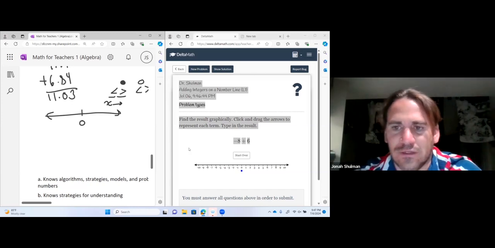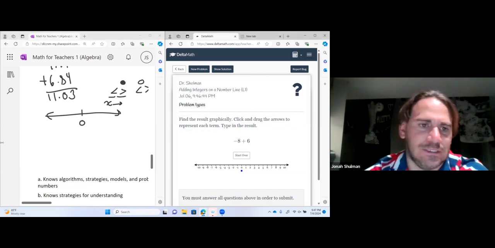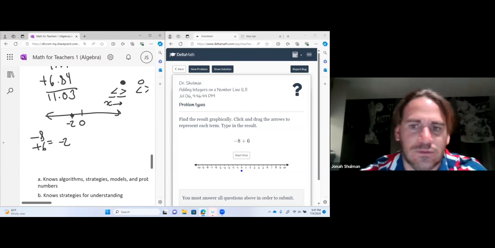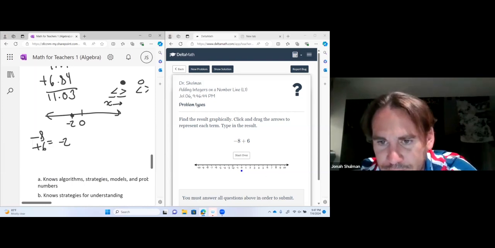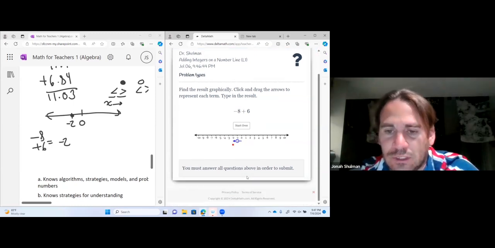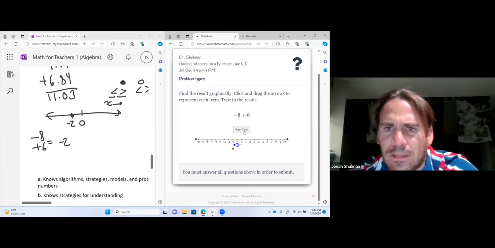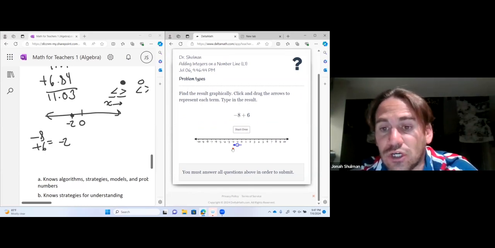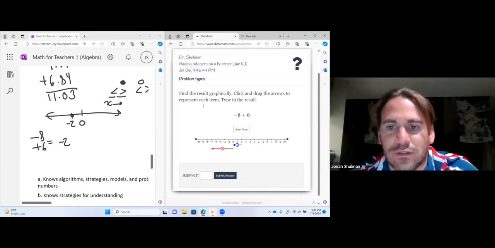Find the result graphically. So a -8 plus 6. So that's going to be a -2. And there it is, -2. Oh, did I drag it? Oh, nice. Well, it's just the dot. Oh, I guess that's what I do. Okay. Find the result graphically. Click and drag the arrows to represent each term. Sorry. So I got to start over. So here's your -8.